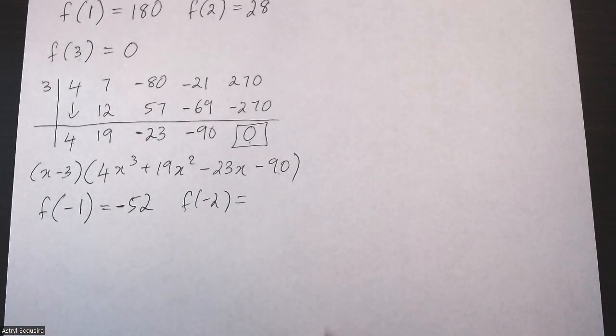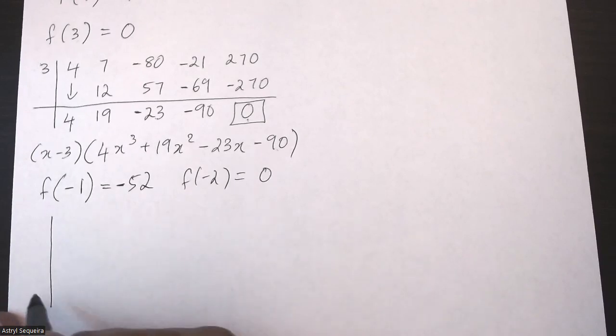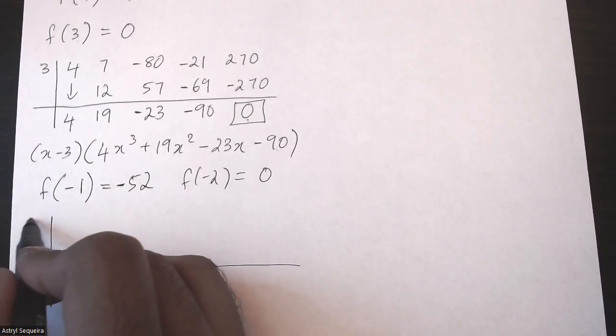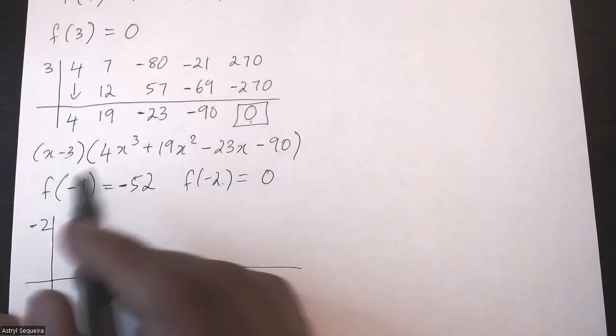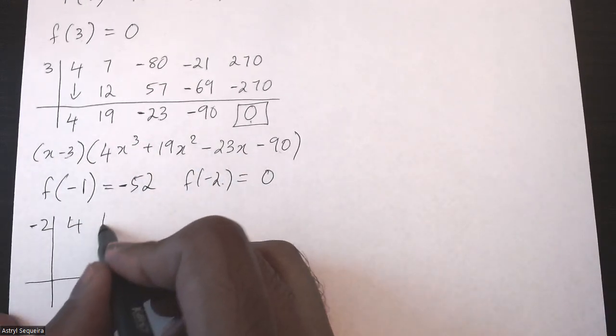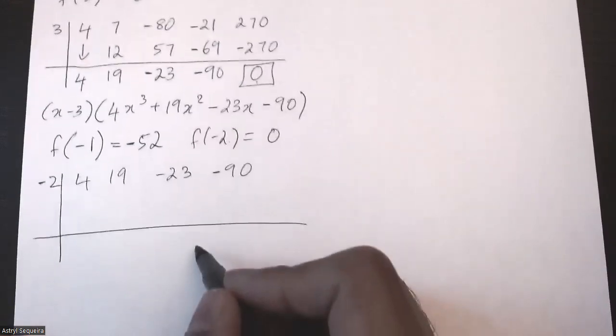If I sub in negative 2, I get 0. So I know now this is a perfect factor. So I can do synthetic division again, negative 2 out here, and then the coefficients of this equation are 4, 19, negative 23, negative 90.